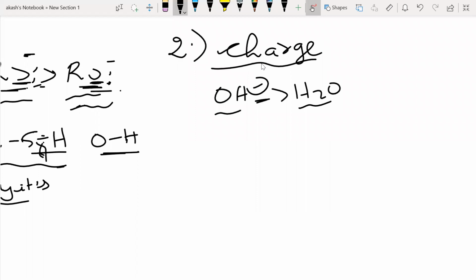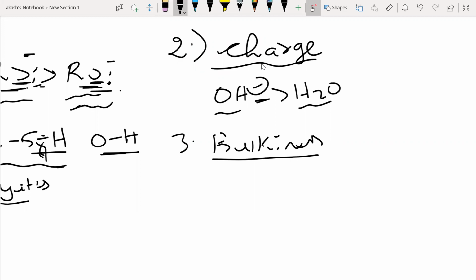Now this is a simple one. The third one is your bulkiness. Okay, bear with it, guys, my handwriting. Okay, so the third one is bulkiness.